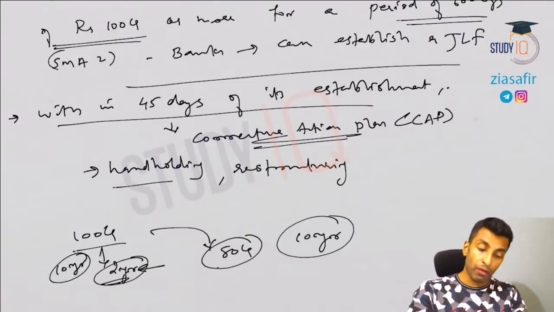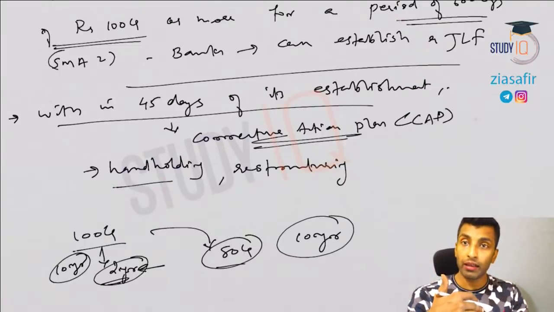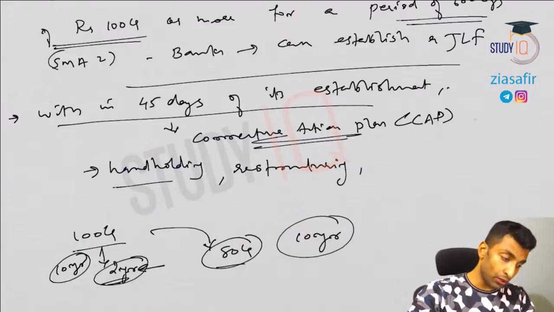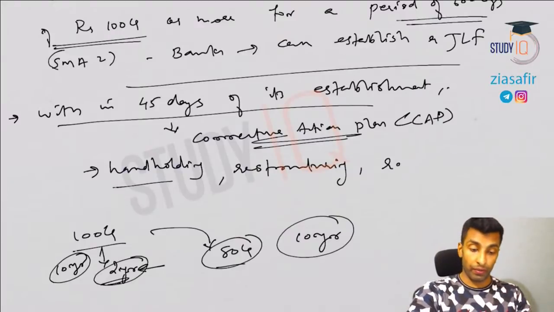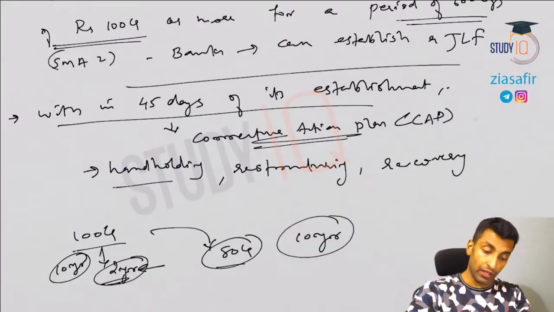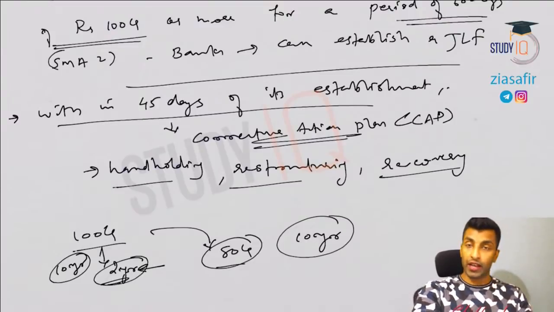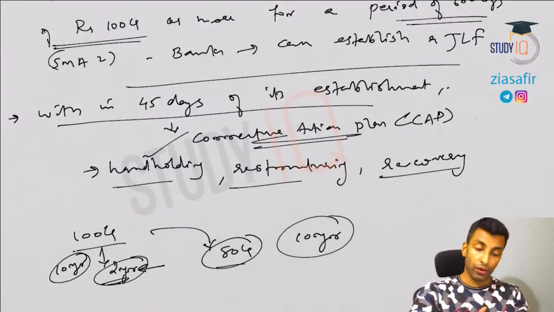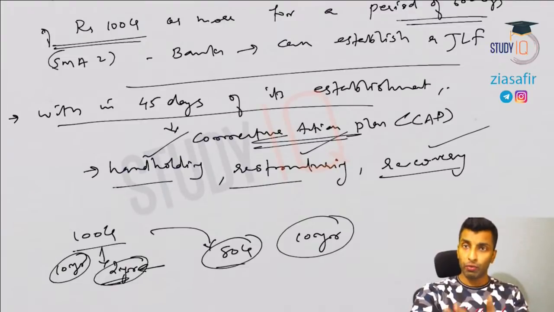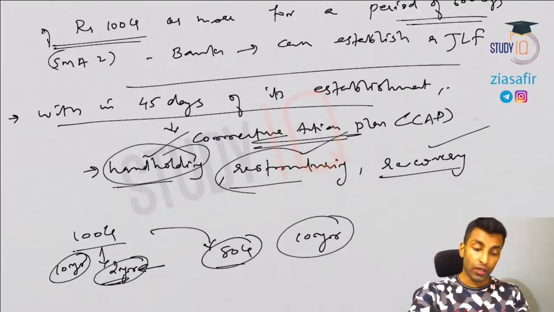Automatically the monthly payment will come down, making it more payable for the company. That's what we mean by restructuring. So the CAP can include hand holding, restructuring, or recovery. I hope you understood what hand holding, restructuring and recovery mean.